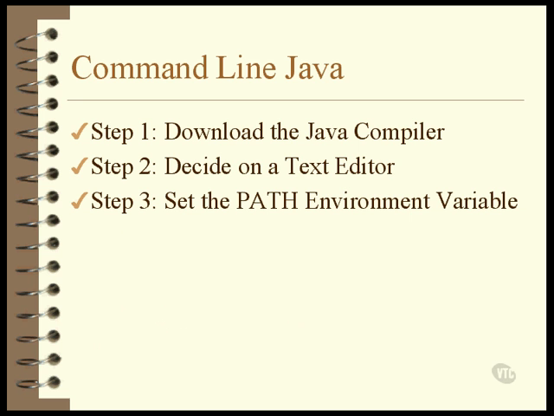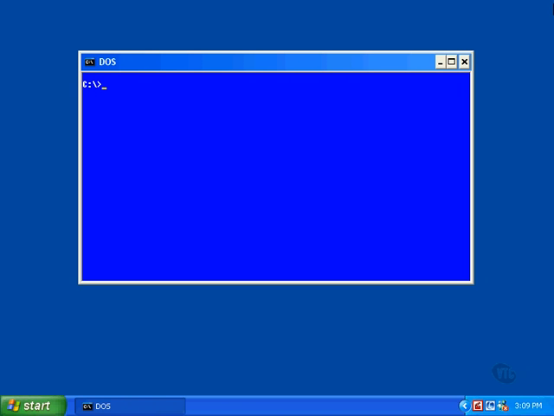You must have the path set to the directory containing the Java compiler and the other Java programs, as well as your text editor. To see how it's currently set on your system, just open a DOS window and enter the word path. The current path setting will be listed. Each of the directories in the list will be searched for any command you enter.